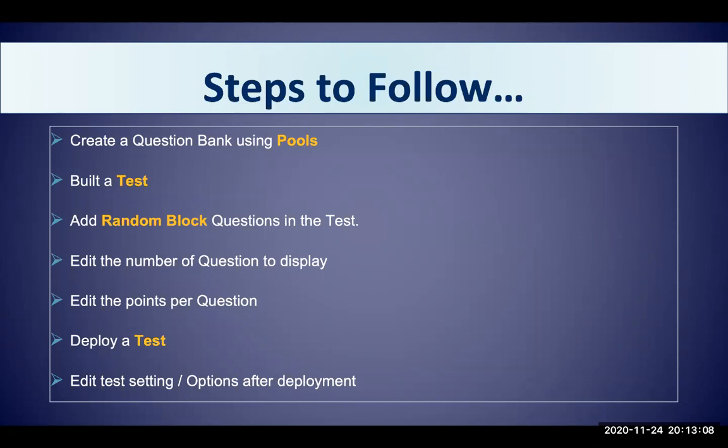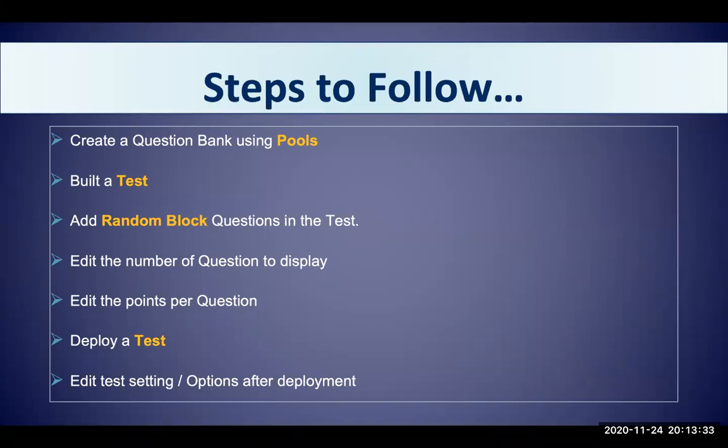Once you have chosen either random block or question set, you can add the number of questions to display. For example, from one pool of 50 questions, you may want to display 10 questions to the students to answer. You can adjust all these settings yourself in the system.